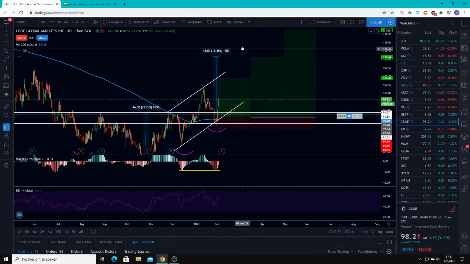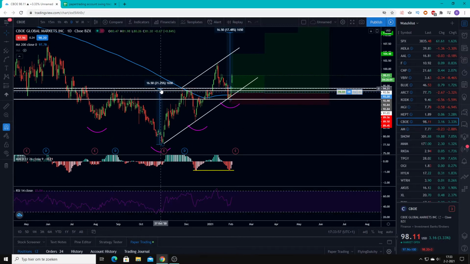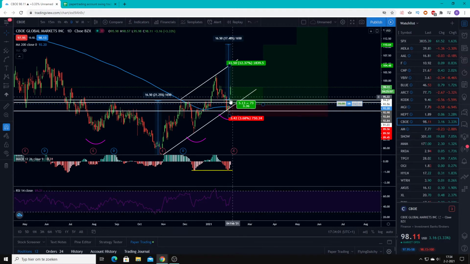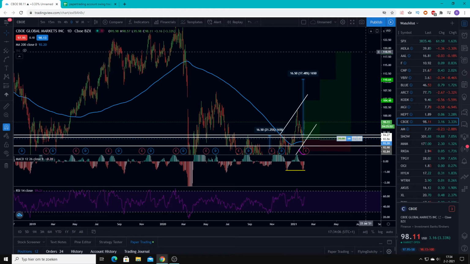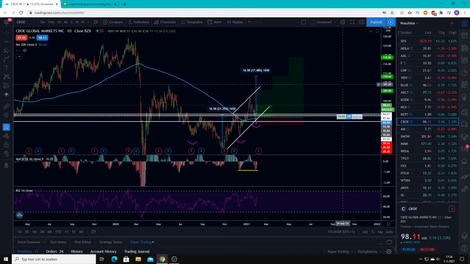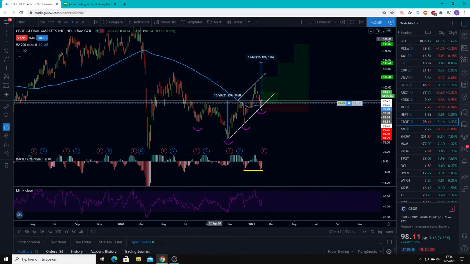This is the target of the head and shoulders. This one. That is from the neckline to the bottom of the head. And we put this on top of the resistance line here, then we get the target over here. And I think this target is a fib line. Not sure anymore. I think it is.